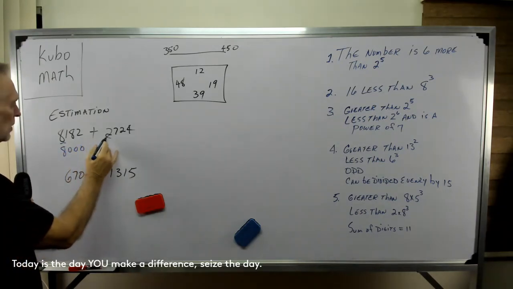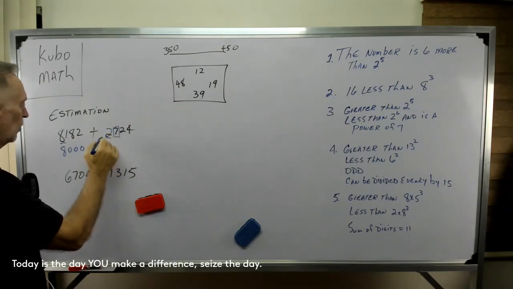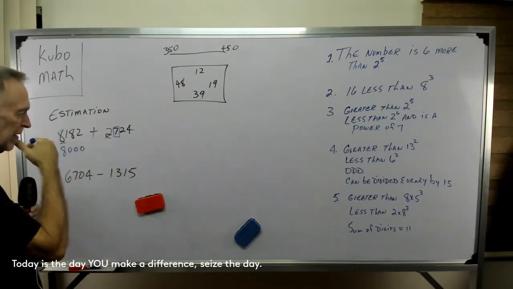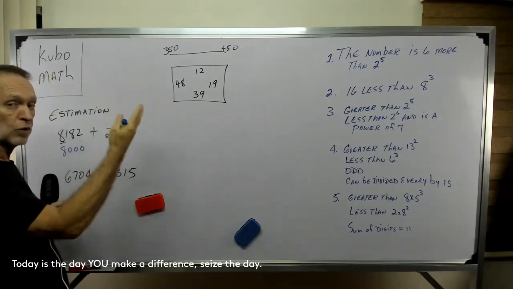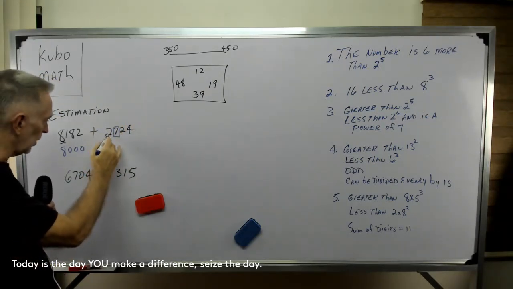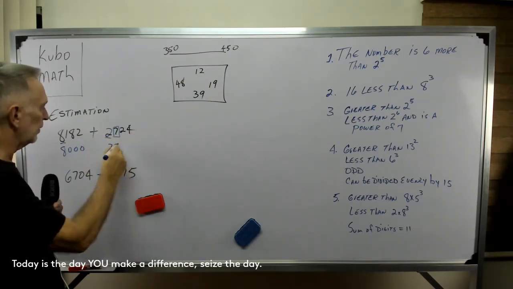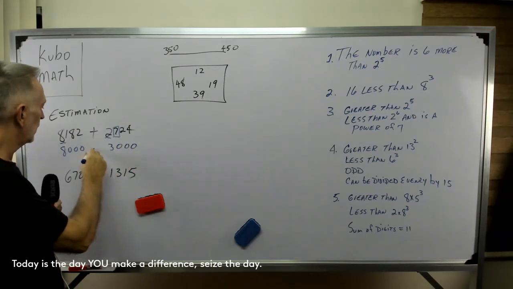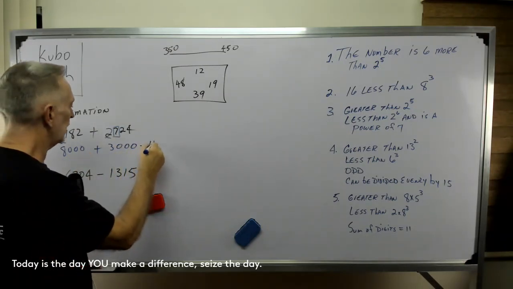This number, I want to look at the 2, adjust the 2 up or down, but I look to the number to the right of it. If it's 5 or greater, I add 1 to this number, so 2 plus 1 is 3. Make everything else 0. So I have 8,000 plus 3,000 equals 11,000.